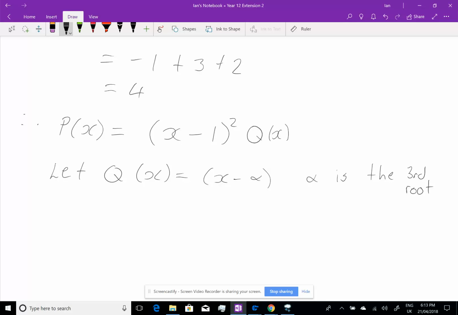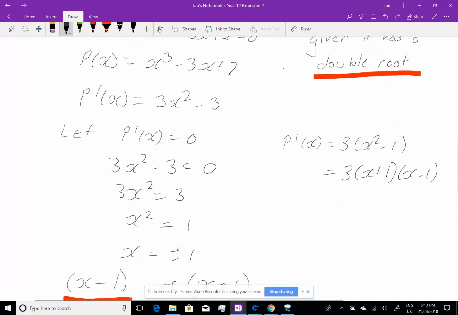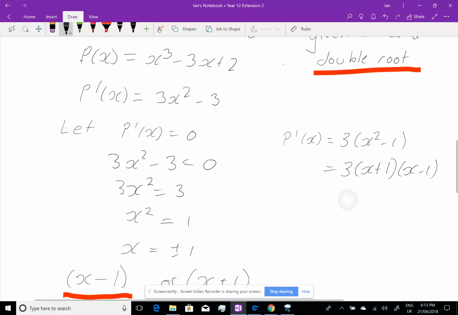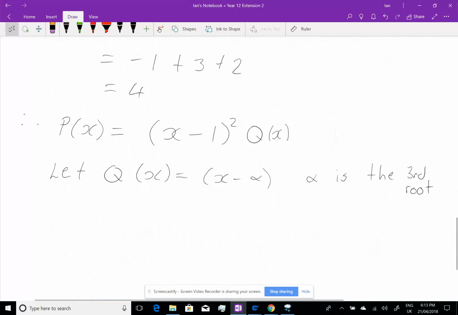Okay, so now I've got a choice. I could do long division. I could do x minus 1 into the original equation and then do x minus 1 into the next equation. But there is an easier way to do this. So let's see.